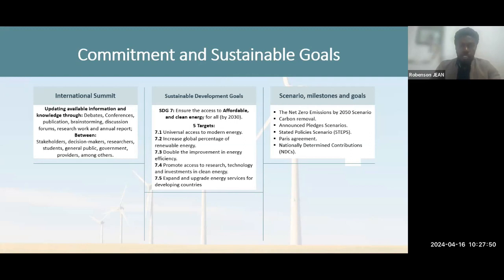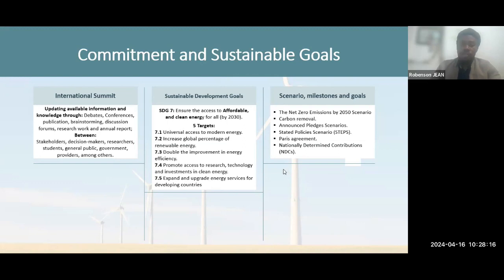Also, we have the Paris Agreement, for instance. The Paris Agreement is a legally binding international treaty that provides a pathway for developed nations to assist developing nations in their climate mitigation and adaptation efforts, while creating a framework for the transparent monitoring and reporting of countries' climate goals.